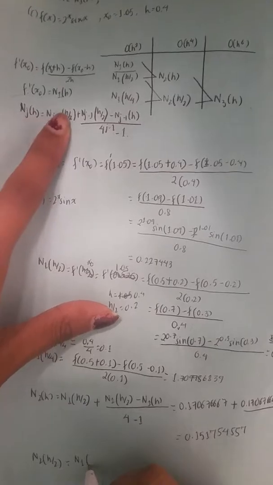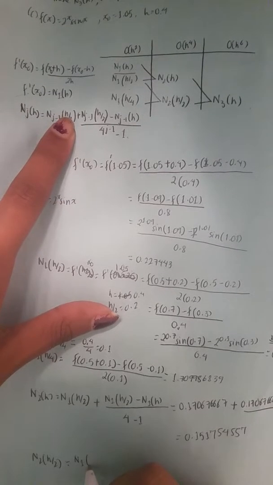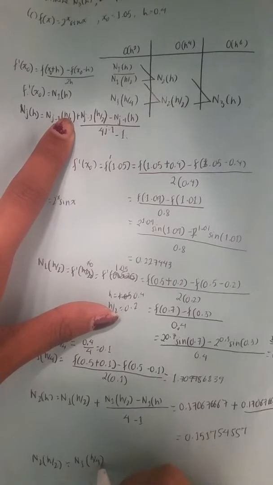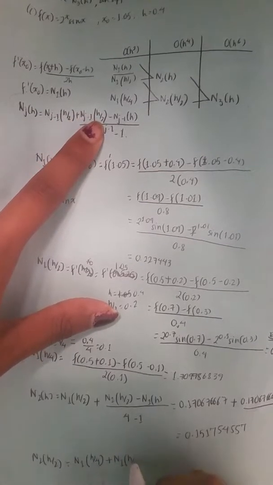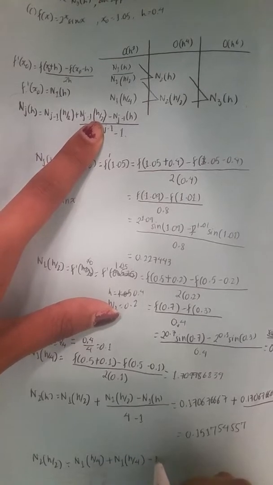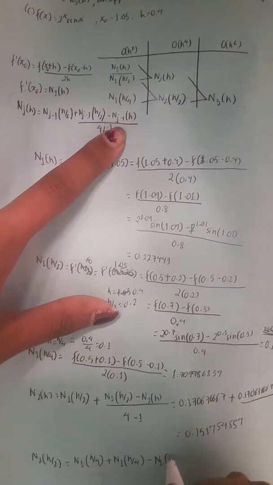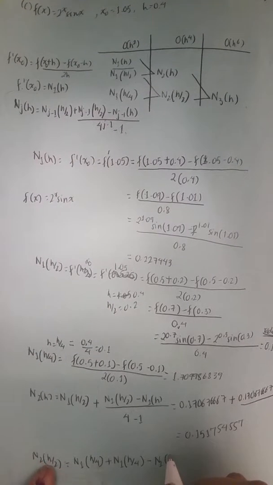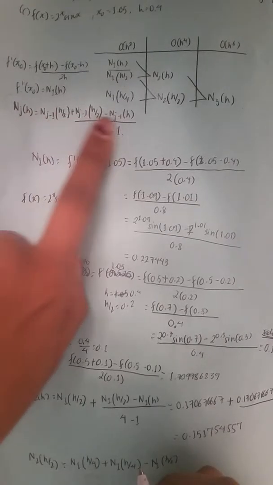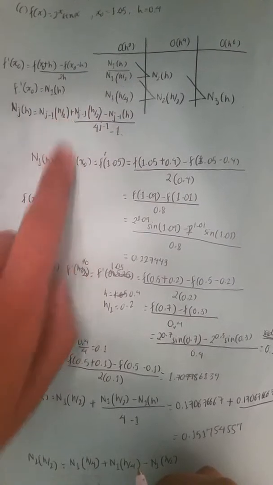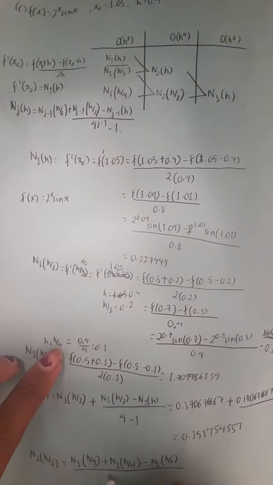If it was h, it would be h over 2, but it's already h over 2, so it will be h over 2 over 2, which is h over 4, plus N1 of h over 4, just like I said, minus, because instead of h we have h over 2 down here. So basically you are replacing h over 2 and h over 2, and instead of h, you are doing h over 2.